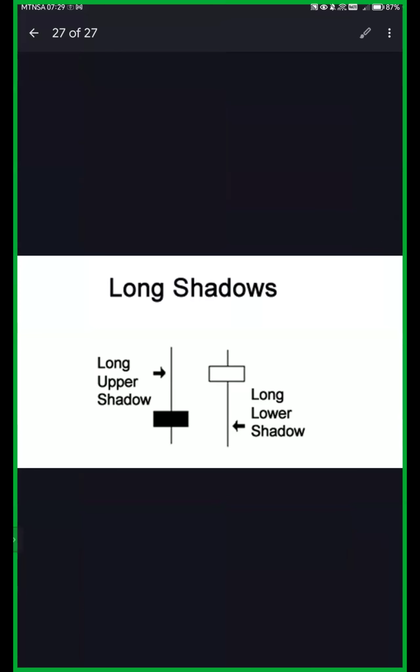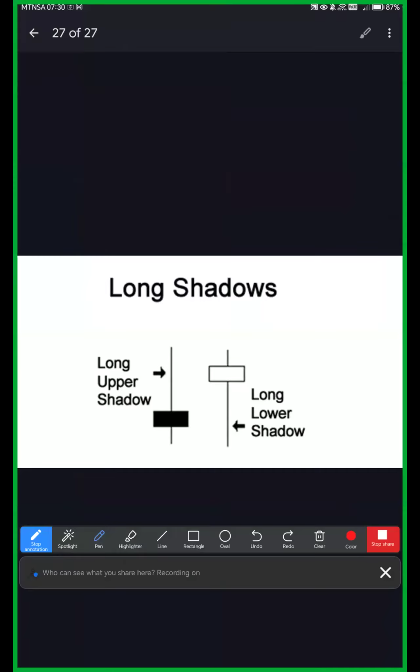So let's find out what is going on. Here, this is a buying candle. This is a selling candle. It has got a long lower shadow.